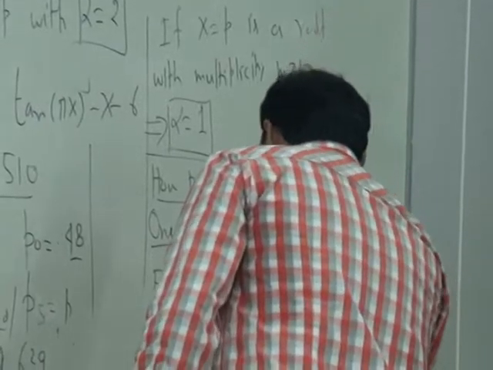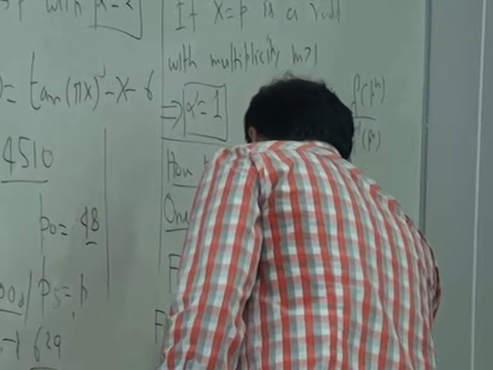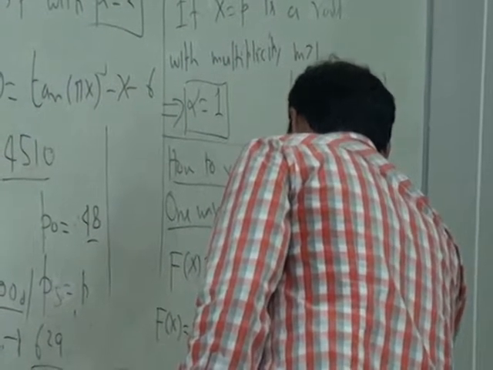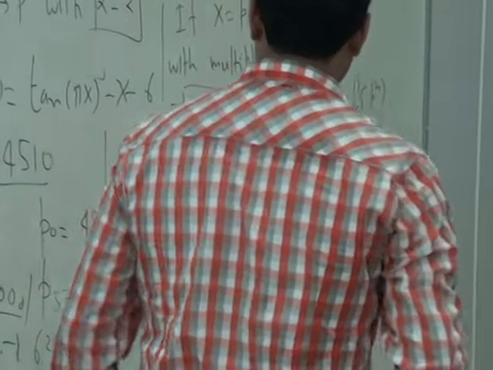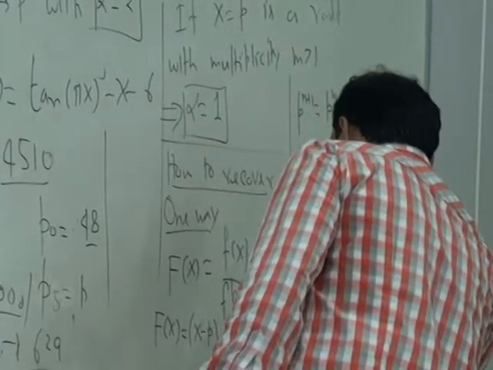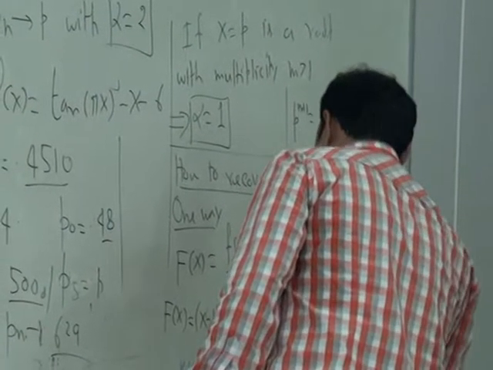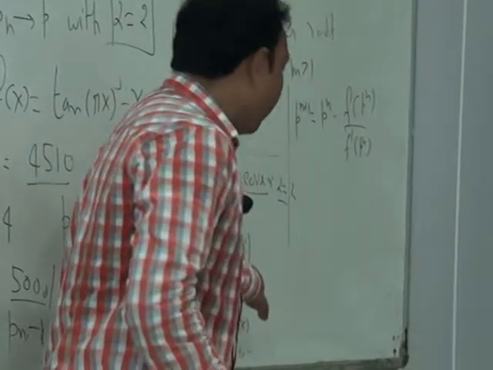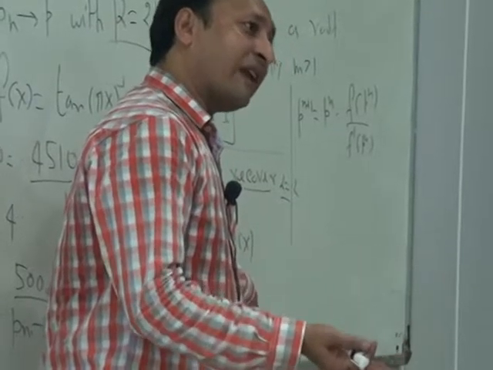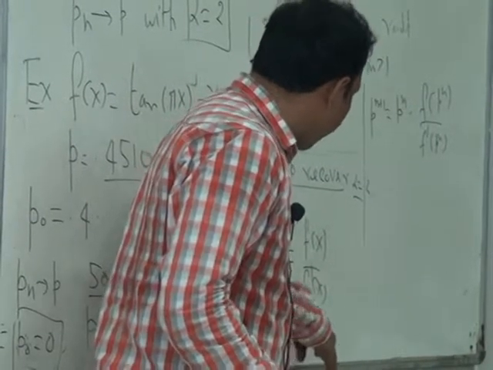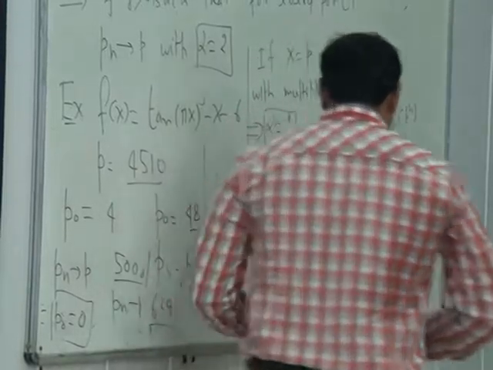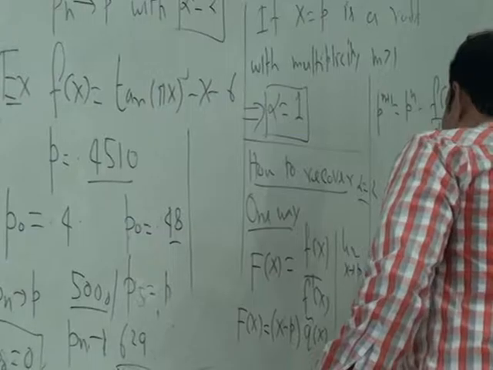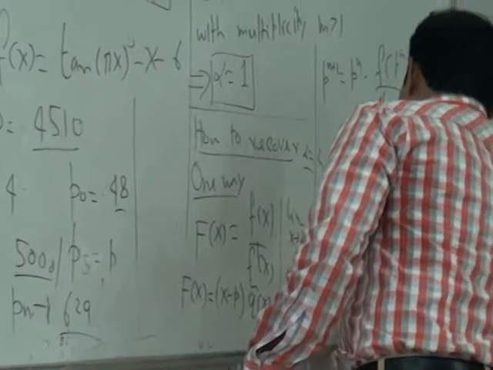Okay. Now, is it possible to show that F(x) is x minus p into some q(x)? Yes, it is possible. Whatever my f is, if you do the further calculation, it is possible to write F(x) as (x minus p) into q(x), where the limit of q(x) as x goes to p is not equal to 0.